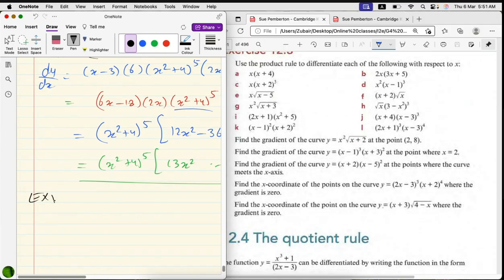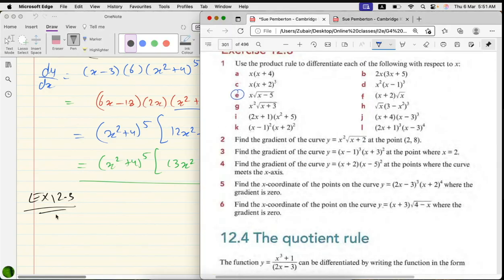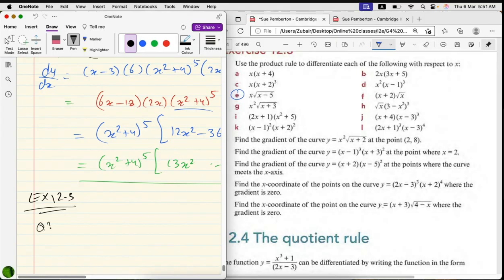Okay, exercise 12.3. Let's try part E. Question 1E.